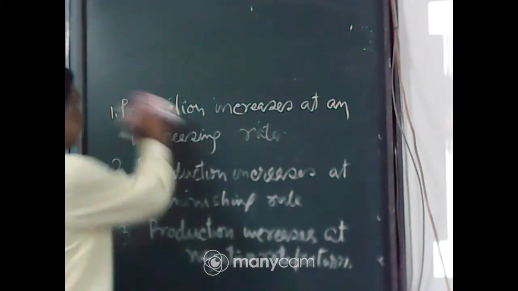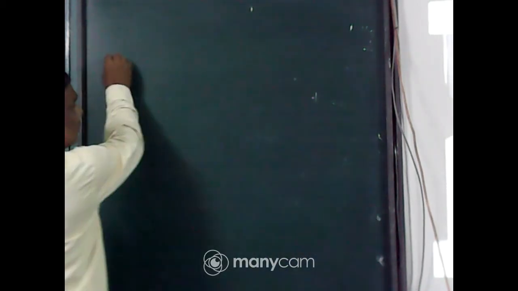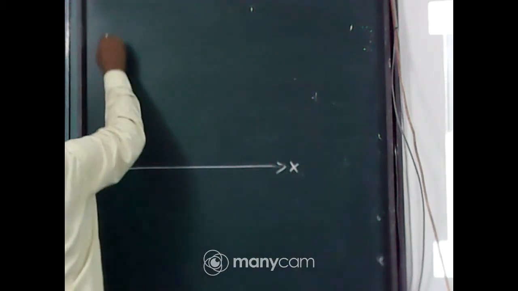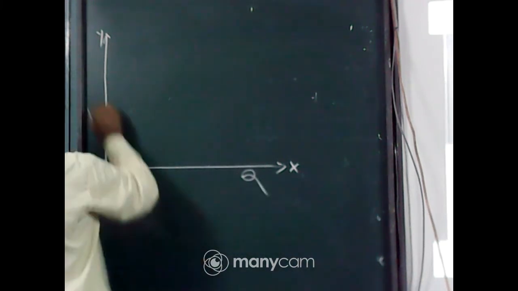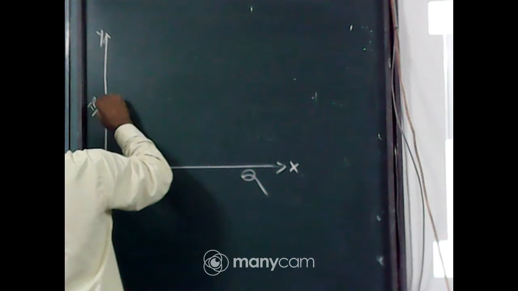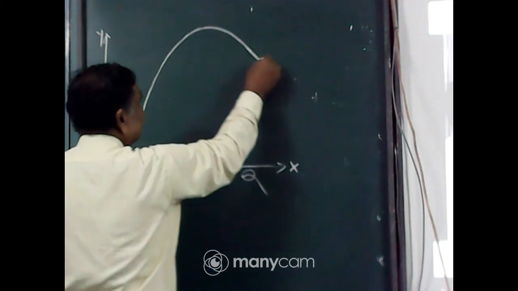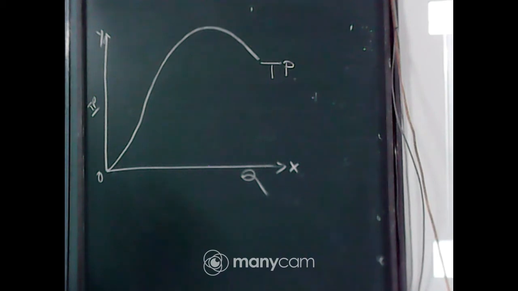Now, you know that it can be explained with the help of a diagram also. This is the TP curve. What is the characteristics of it? TP means total production.